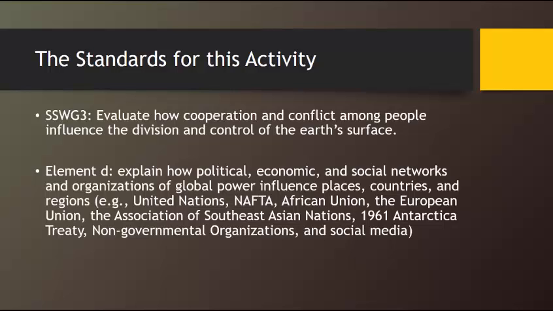The examples provided include the United Nations, NAFTA, the African Union, the European Union, the Association of Southeast Asian Nations, the 1961 Antarctica Treaty, and non-governmental organizations, as well as social media.